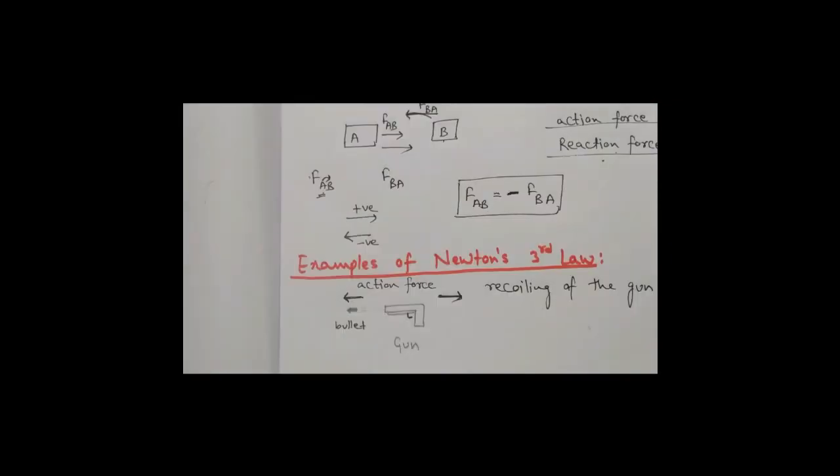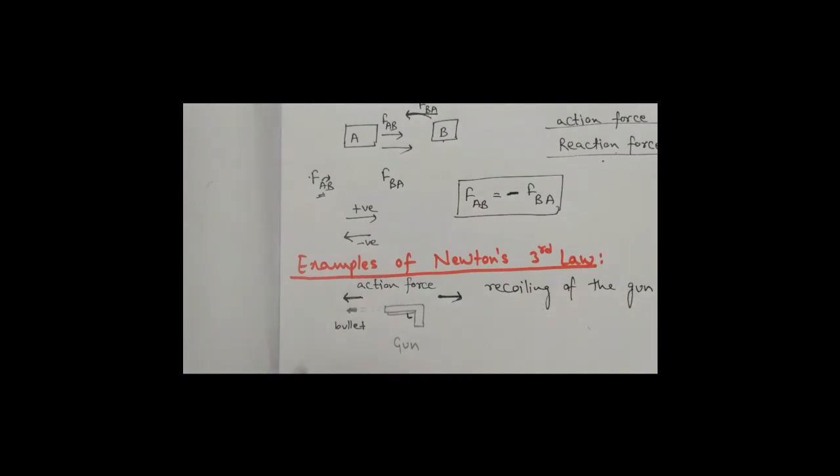Examples of the third law of motion. The first example is recoiling of the gun. Let's understand. Assume the gun has been triggered. Due to this, a fast moving bullet will come out in this direction.